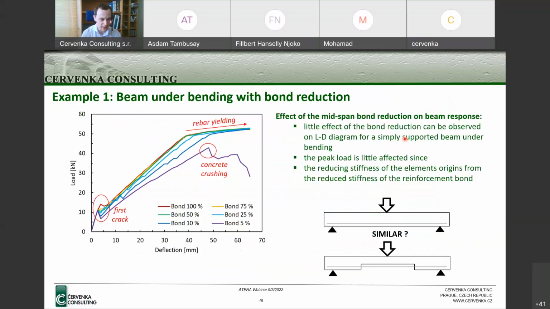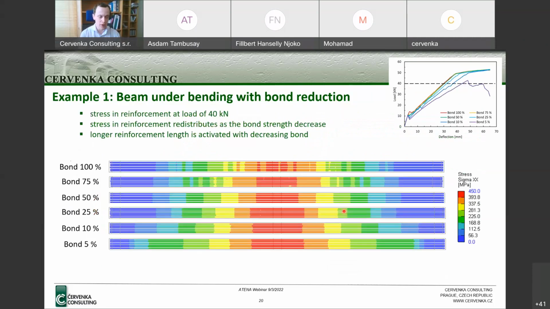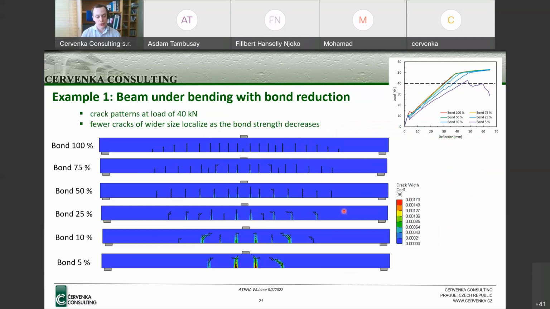The important fact here is that the reinforcement is fixed at the supports, so there is no slip at the ends of the reinforcement, which here is no problem, and also in engineering practice, the codes always tell us to have the ends of the reinforcement in some compression zone, so it's somehow constrained and slipping is not allowed.